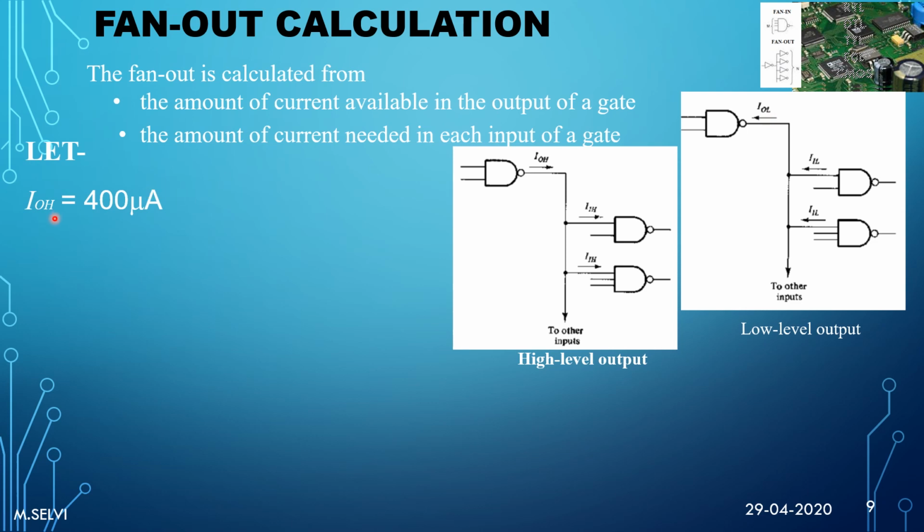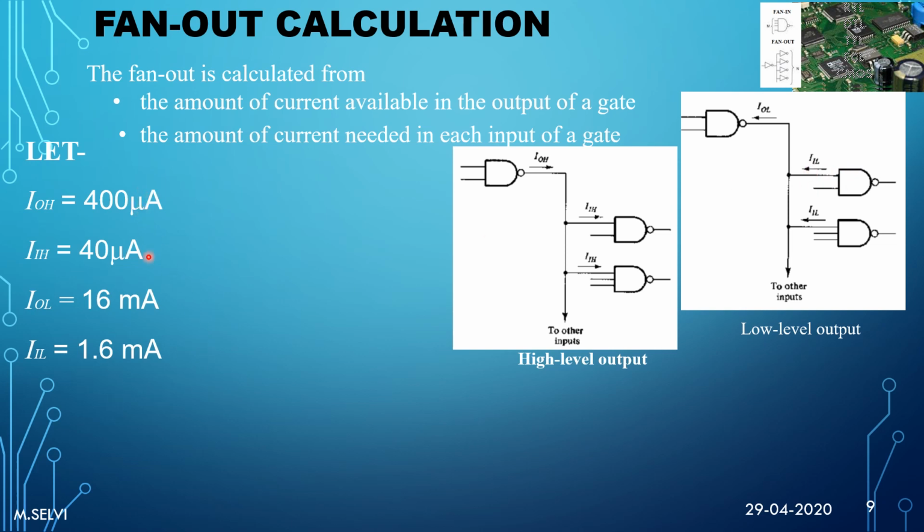Let us say the high level output current is 400 microamps and the current needed at the input of this NAND gate is 40 microamps. Similarly, IOL, the current at the low level output of this NAND gate, is 16 milliamps and the current needed at the low level input of the NAND gate is 1.6 milliamps.